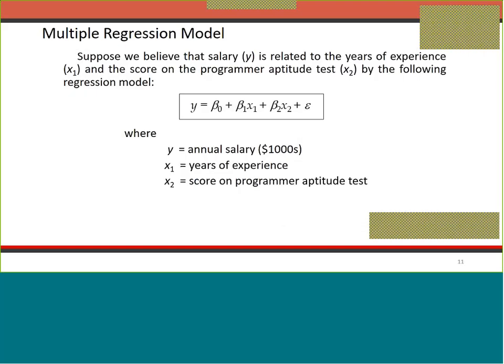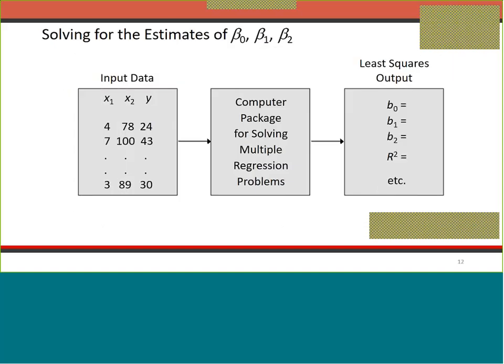So what equation are you going to construct? For a population, it should be y equals beta naught plus beta 1 x1 plus beta 2 x2 plus epsilon, because there are two independent variables and one dependent variable. Generally the concept is like this. You have input data of x1, x2 and y, with 20 items in each variable.